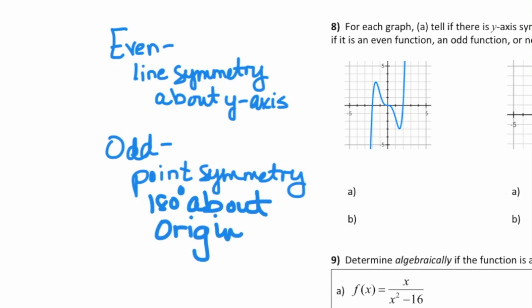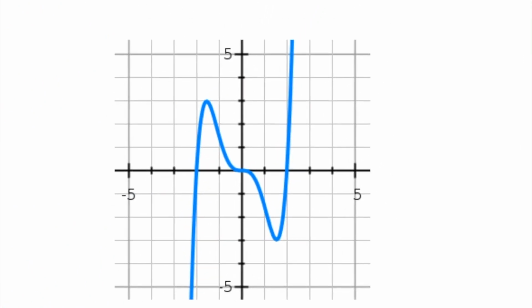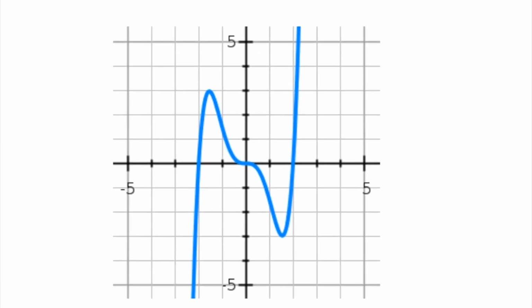And something that has x-axis symmetry isn't a function, and so we're only talking here about functions. And so make sure that if it's not a function, then it's not an even function or an odd function, it's just not a function. So in this first graph, if you look at the origin right here, this graph would spin around 180 degrees and it would appear unchanged.